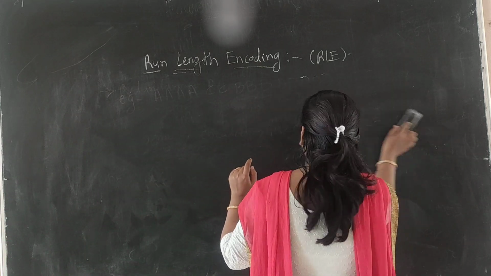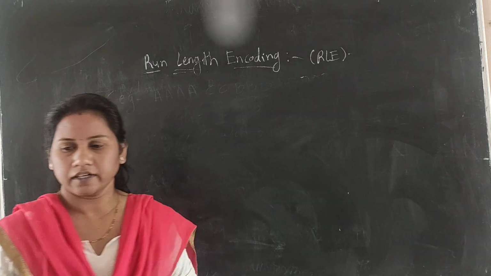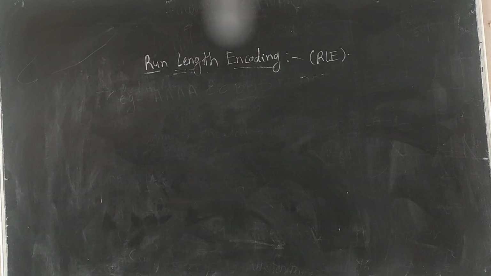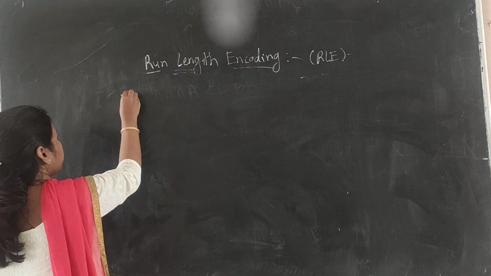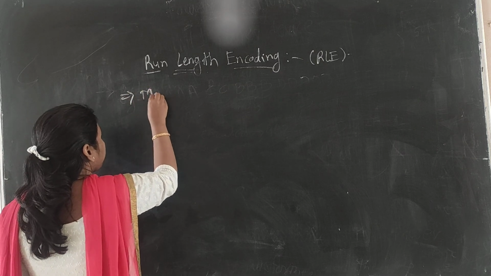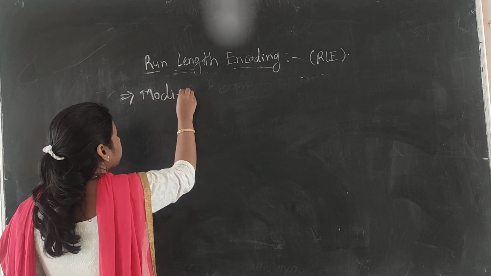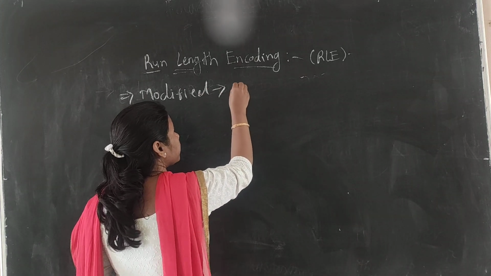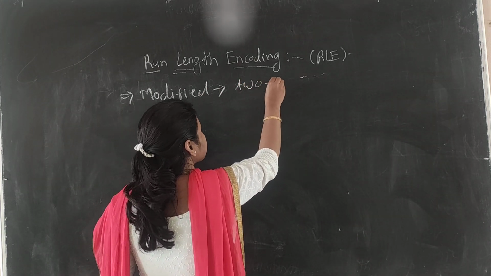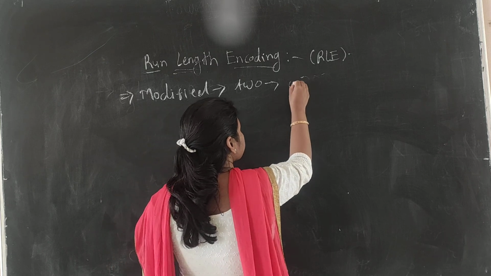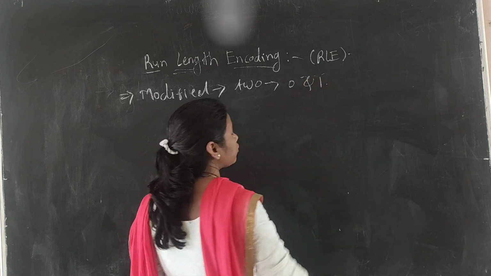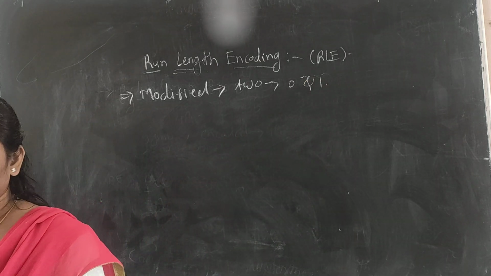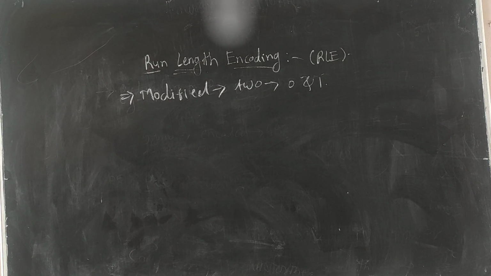Now, the modified version of the RLE method. It applies when there are only two symbols, the digital symbols 0 and 1. When two symbols are there, there is also an alternative method to represent the RLE encoding.